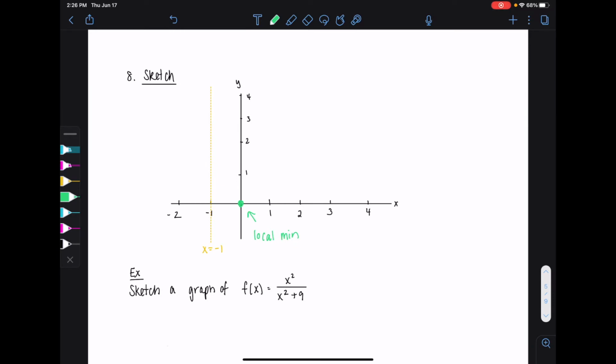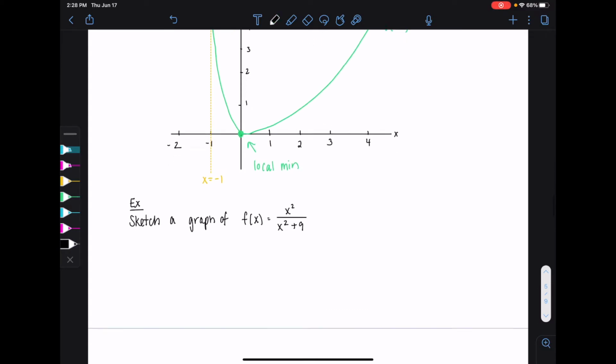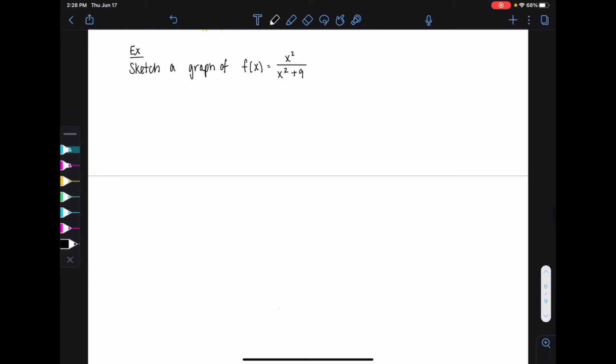We're going to be decreasing in this interval, increasing afterwards, always concave up, and I know that I'm approaching positive infinity on both ends, and I have 0 symmetry. So this is a decent graph of our function. So we're just going to try one more, so you can see it is tedious.